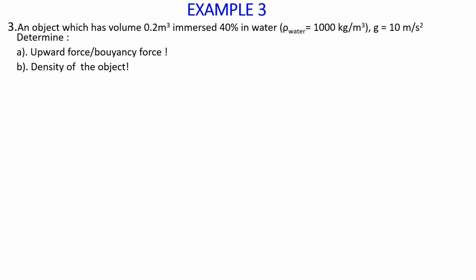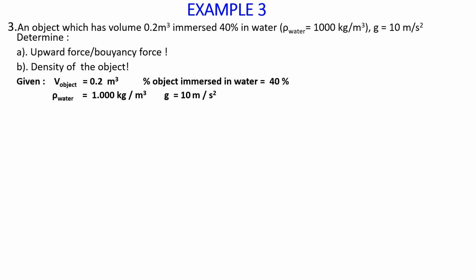From the problem above, given volume object equals 0.2 meter cube, percent object immersed in water equals 40%, density of water equals 1000 kg per meter cube, and G equals 10 meter per second square. Asked: Fa and density object. Answer.